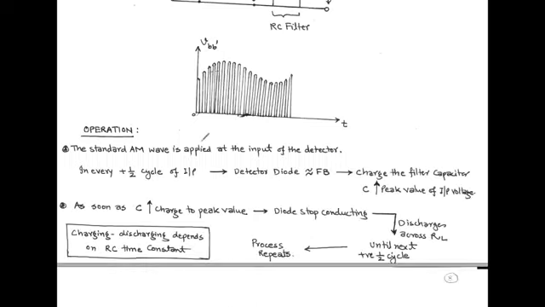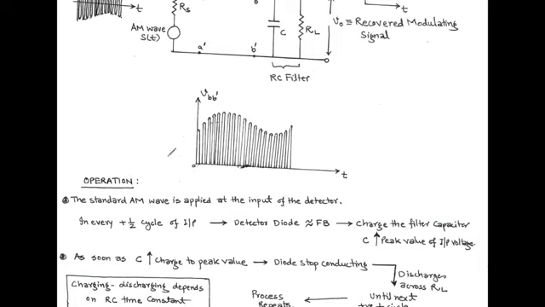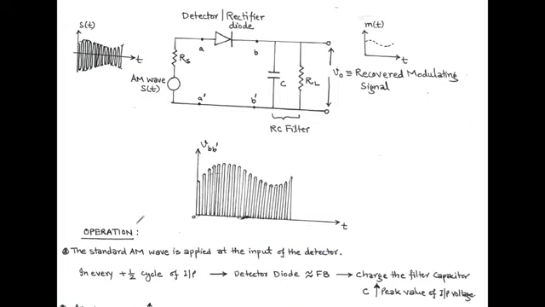On the basis of operation, the standard AM or double sideband full carrier is applied to the input of the detector. In every positive half cycle of the input, the diode, or rectifier diode, is forward biased, so the capacitor C is charged to the peak value of the input voltage.